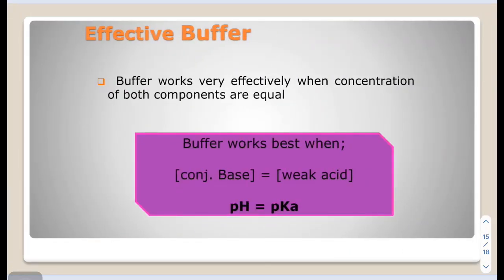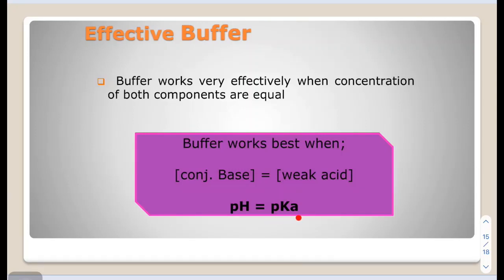And the most effective buffer is when the concentration of both components are equal. When the concentration of the salt and the concentration of the weak acid are equal, or when the concentration of the salt and weak base are equal. It is because during this time the pH will equal the pKa value.